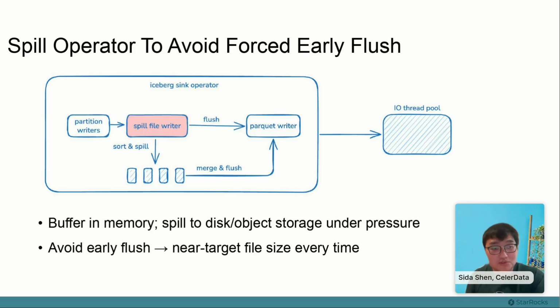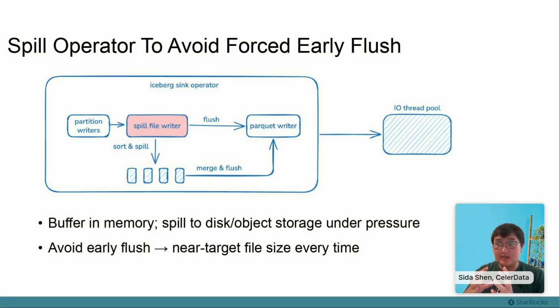And also, to be able to achieve that kind of file size, we reuse some of the logic from the query side, the spill operator, for our write as well, right? Before, in 3.4, we had that problem where our compute node was going OOM, so it was forced to flush out the Parquet files early, generating a lot of small files. And now we have that spill operator.